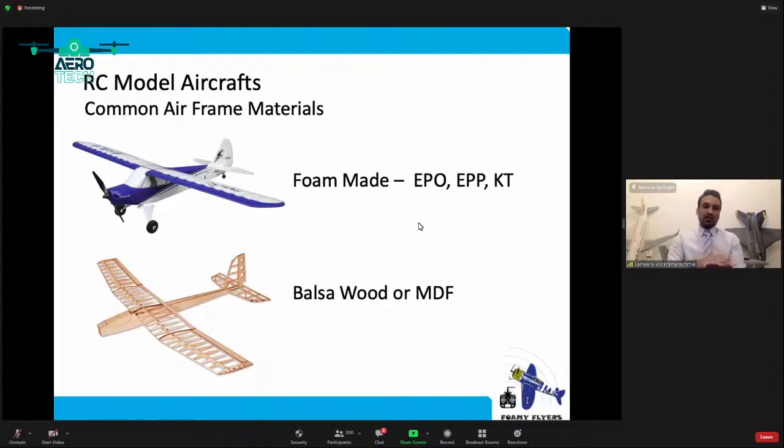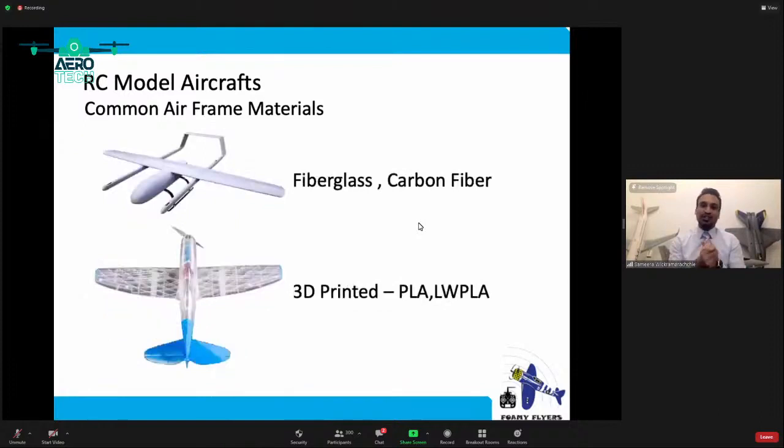And if that airframe crashes and you have a breakage on the wing, then you'll have to replace the whole wing because it has been covered and everything has been done.